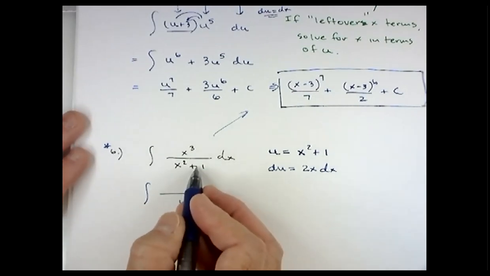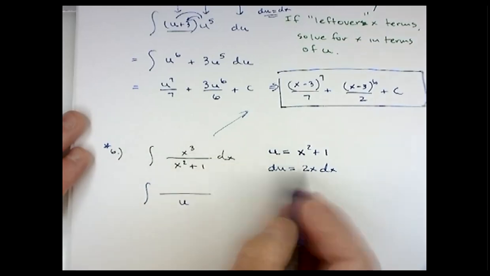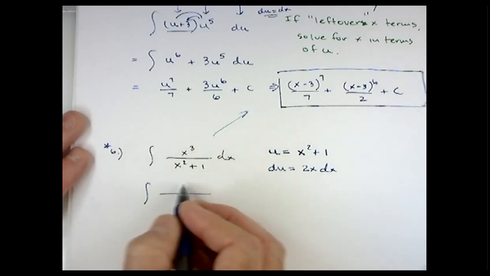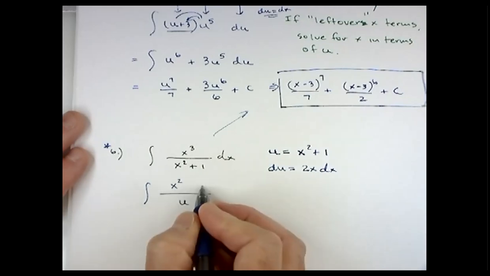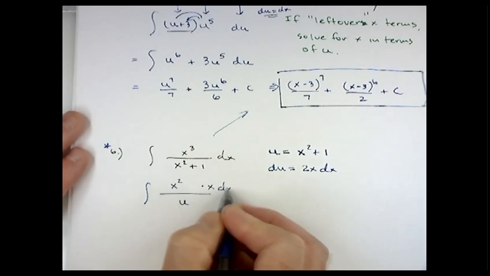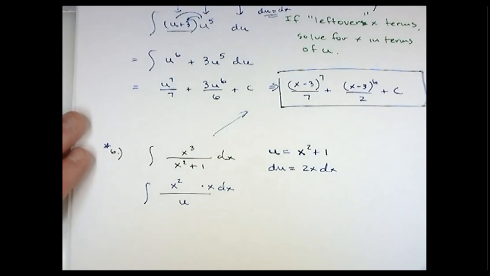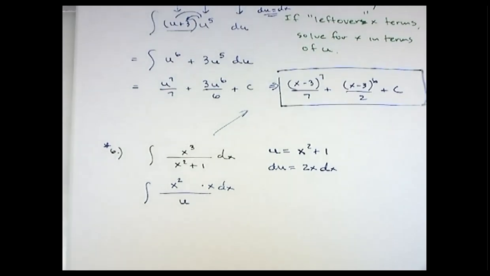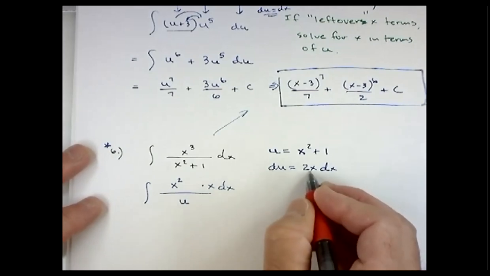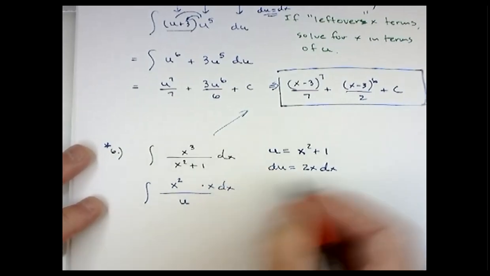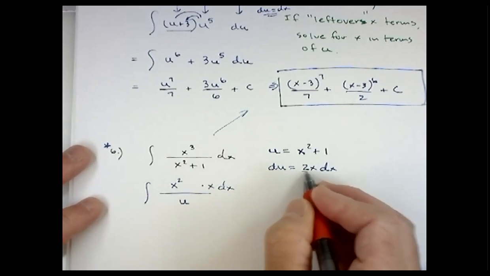The denominator is u. There is an x in x cubed, so I'm gonna fish it out. I'm gonna break up x cubed as x squared times x. And to satisfy the du, converting this to a du, I only need to wish for a 2, right?